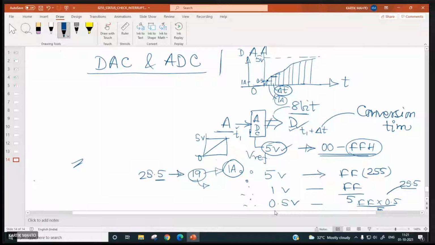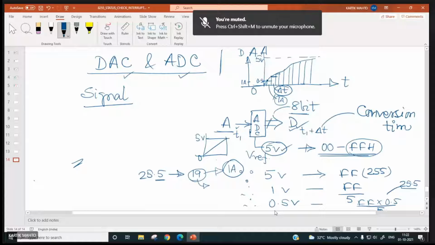Okay, another question which I want to ask you: can you tell me which signal is more accurate, analog signal or digital signal? So digital signal.